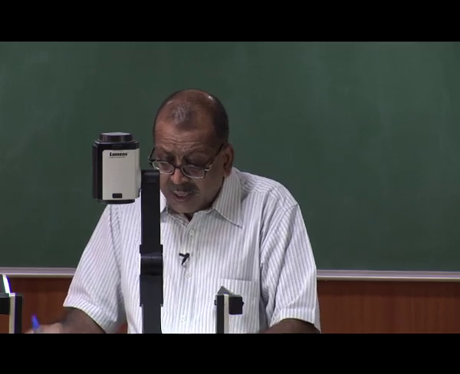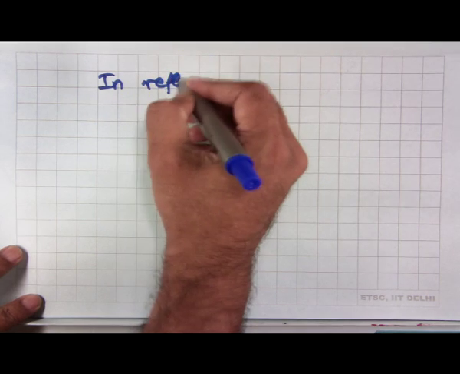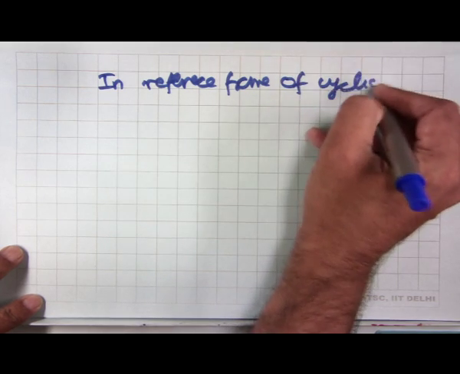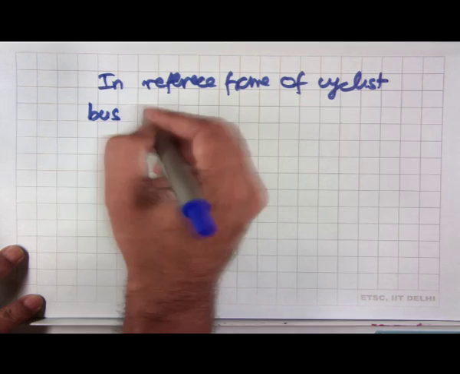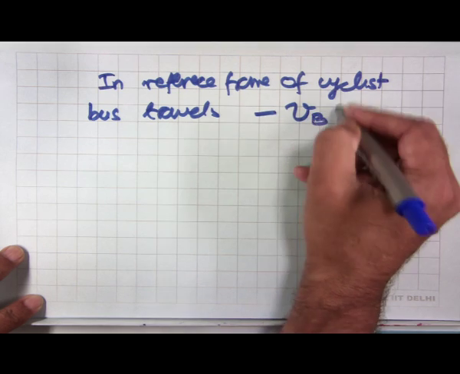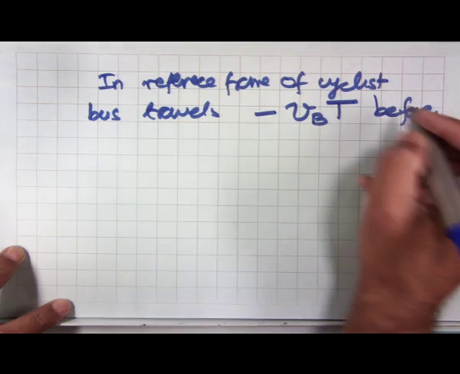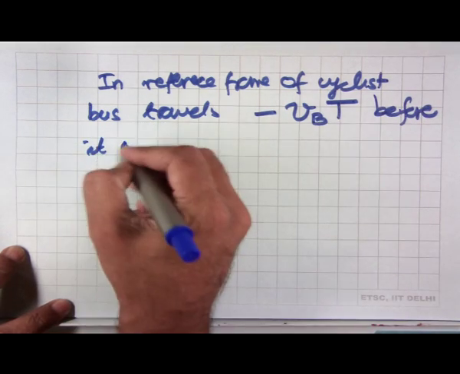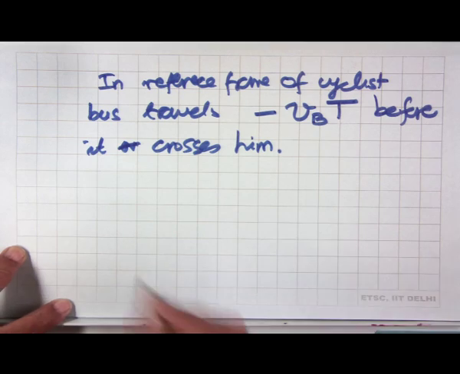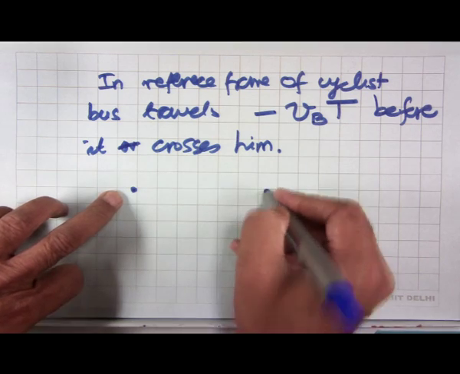Now, in the reference frame of the cyclist, the bus travels minus Vbt before it crosses him, and this is when the first bus number 3 crosses him, that is when we start t is equal to 0, and this is bus number 4.